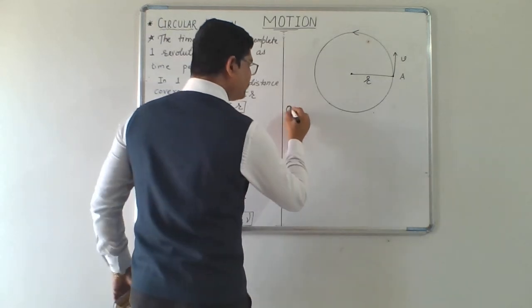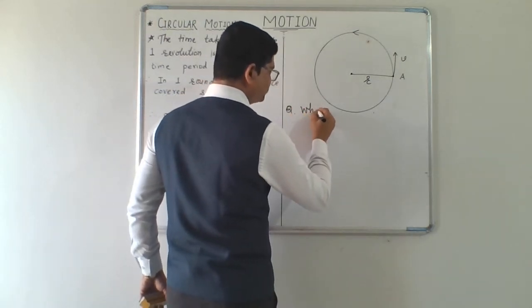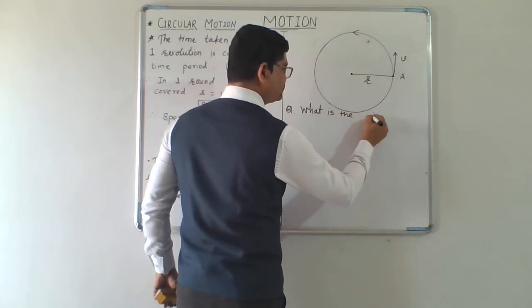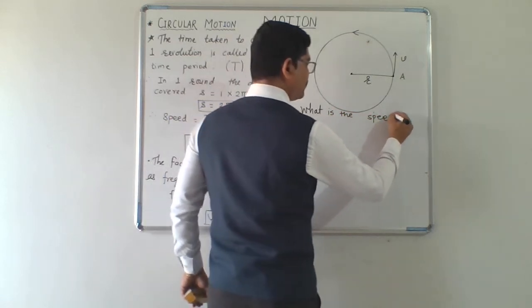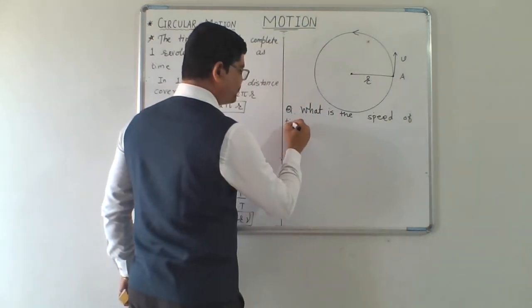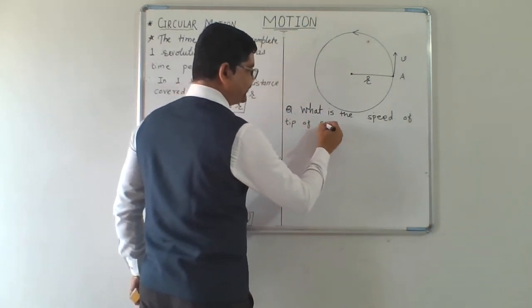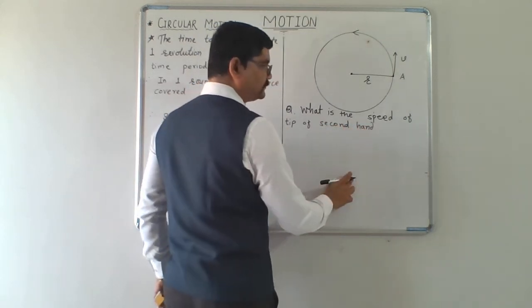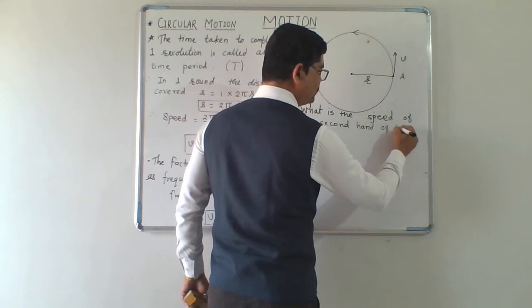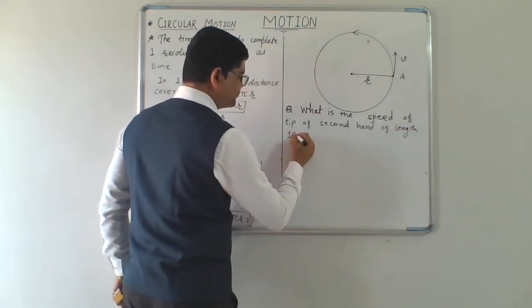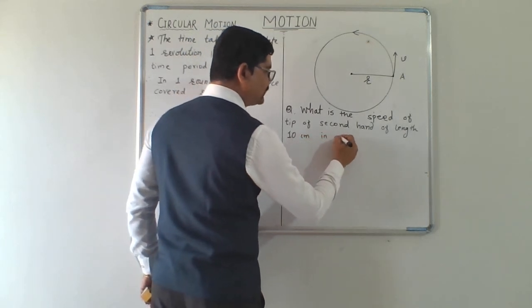See, what is the speed of the tip of the second hand of length 10 centimeter in a clock?